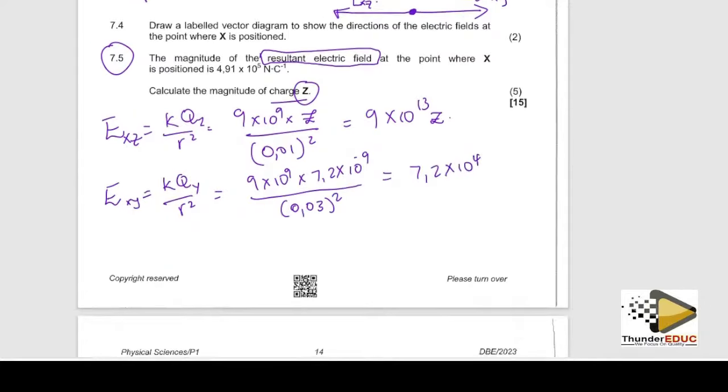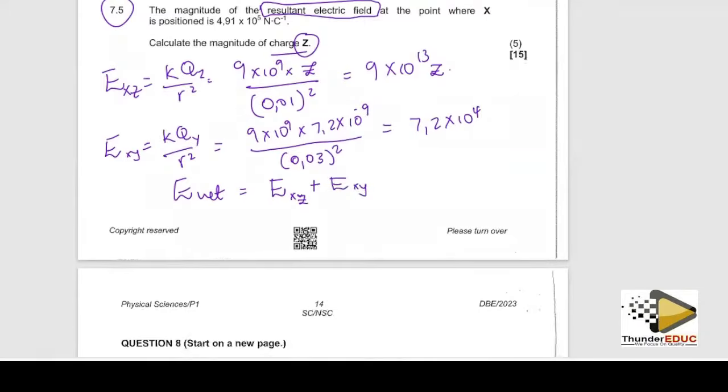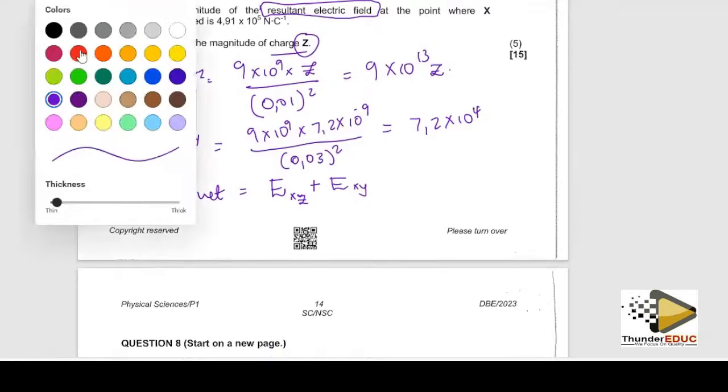But now they are acting in opposite directions. So one is going to be positive, one is going to be negative. So we're saying E net is going to be EXZ plus EXY. Let me try to do my substitution into the formula so that I can see what I get.